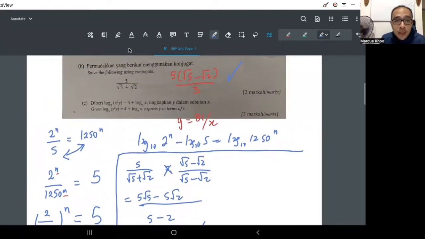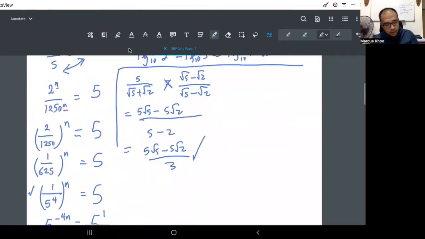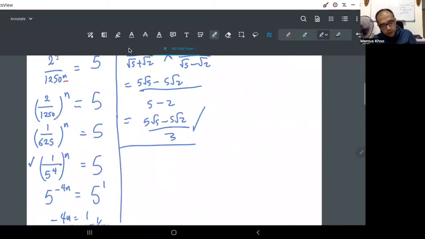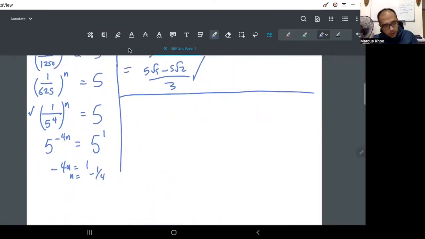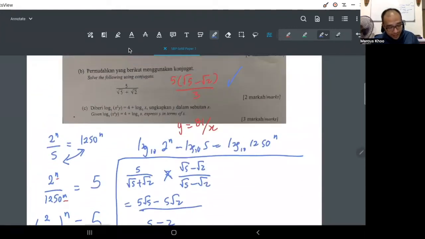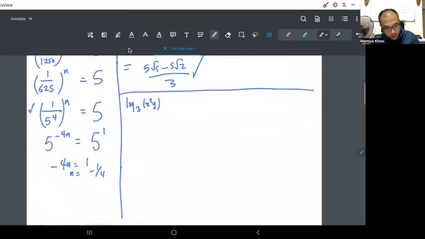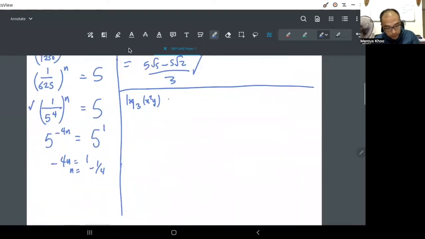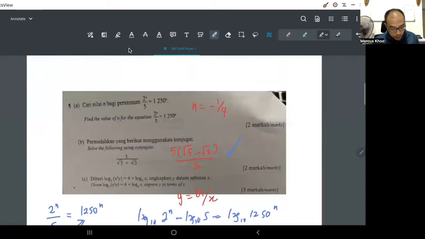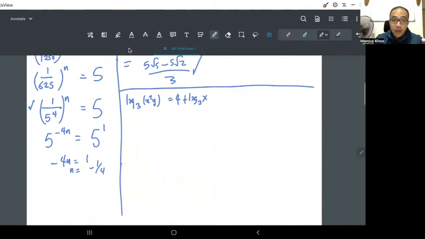Okay, given that log 3 x squared y equals to 4 plus log 3 x, express y in terms of x.